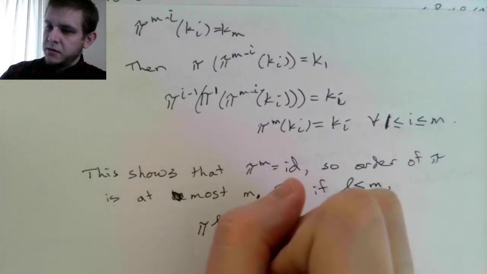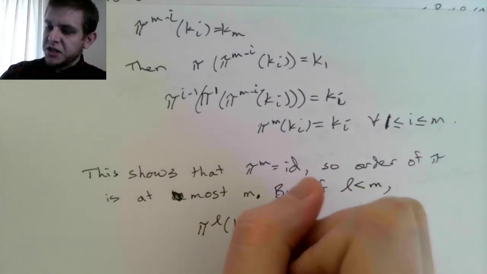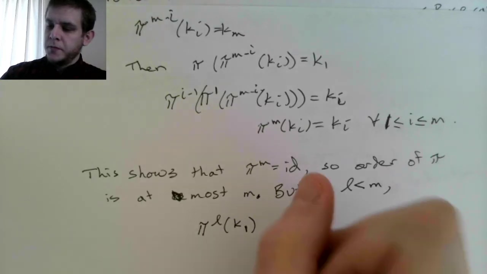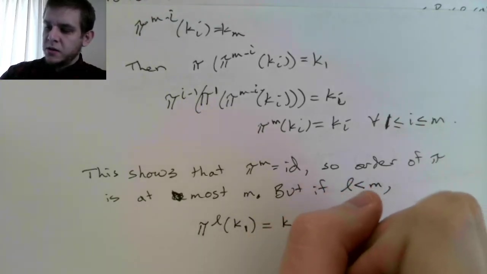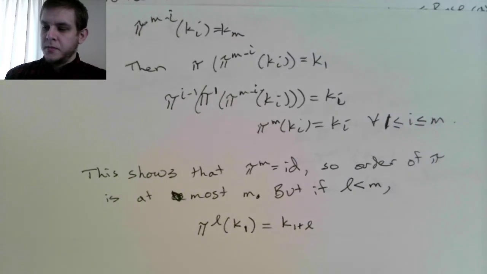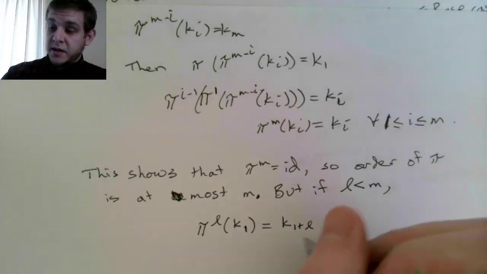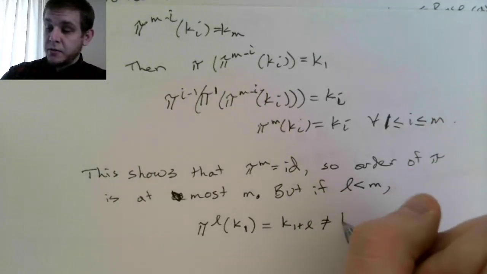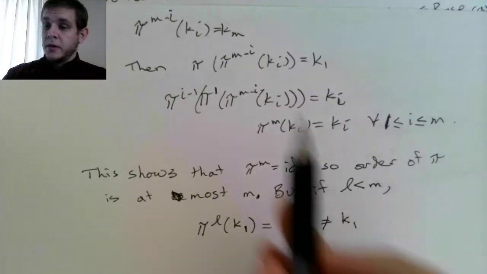pi to the L as a permutation acting on k1 is k_(1+L). And there's no way that this could be equal to k1, right?